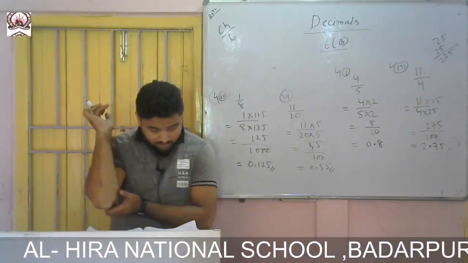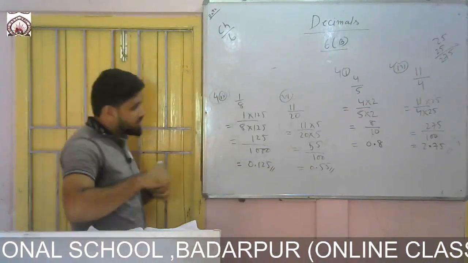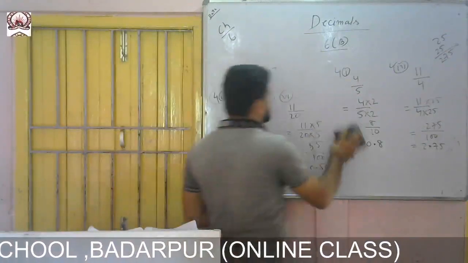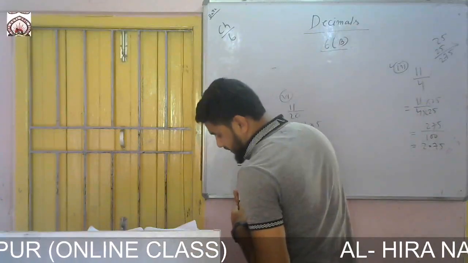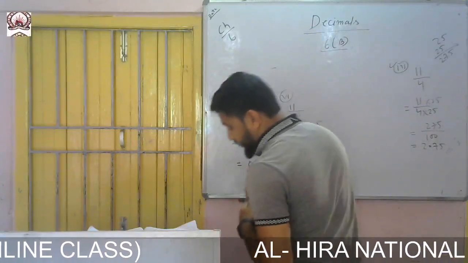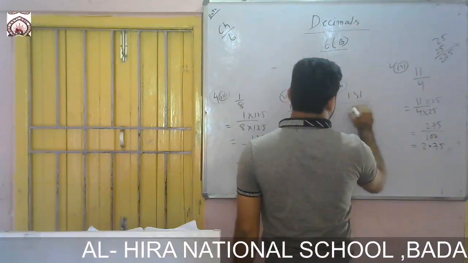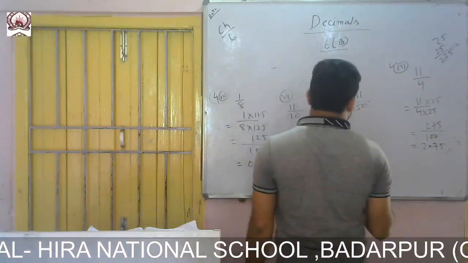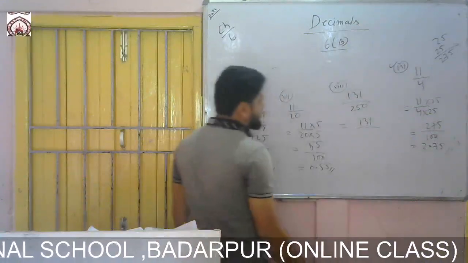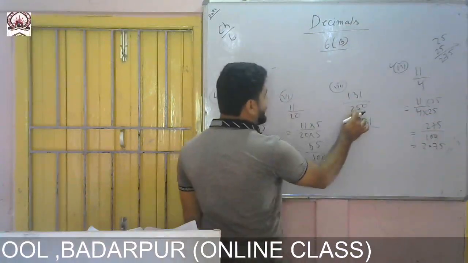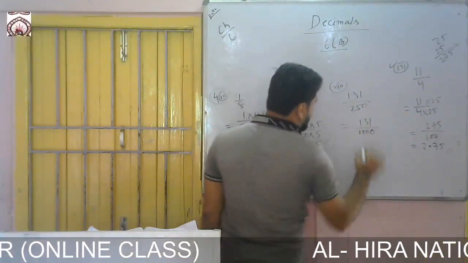Now come to the last one, question number 8. In question number 8, we have 131 by 250. I need to make it a multiple of thousands. If I multiply 25 with 4, it becomes 100, so 250 times 4 is 1000.